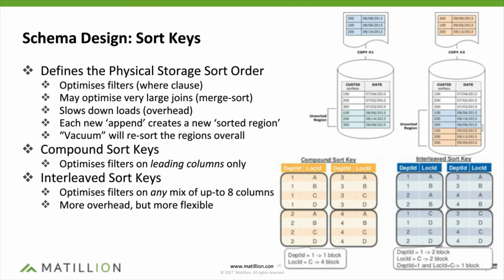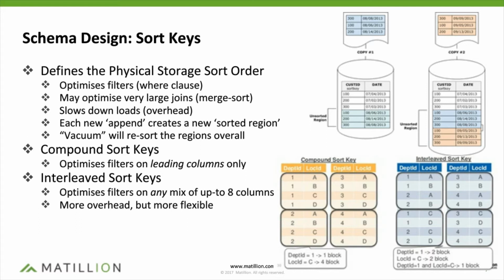So if you sort by A, B, and C, it can optimize queries involving A, or A and B, or A, B, and C, but can't optimize things on just B or just C. Whereas the interleaved sort keys aren't quite as efficient overall, but they can use any combination of their keys, and you can have up to 8 columns defined in a single sort key. So they're more overhead, but much more flexible.